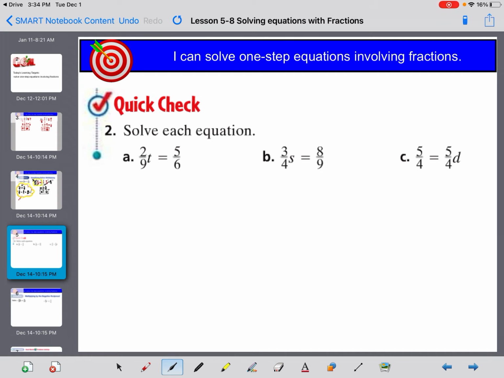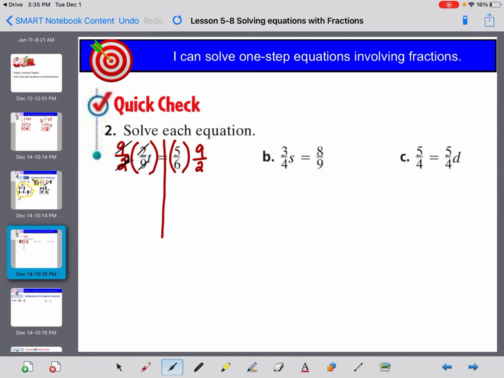2/9 times t equals 5/6. I see that t is being multiplied by 2/9, so I need to divide by 2/9. The rules for dividing fractions are to multiply by the reciprocal. So I'm going to multiply both sides by the reciprocal, which is 9/2. Then I simplify.